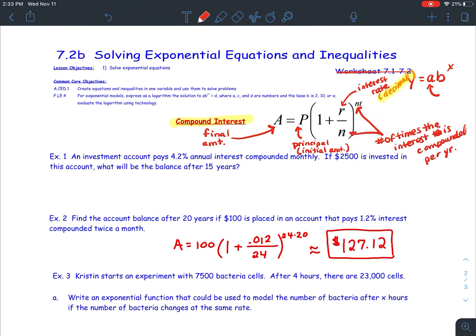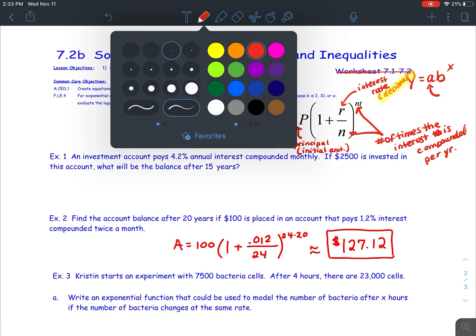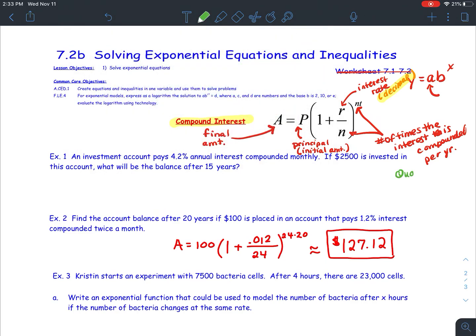So you're going to hear words like it's compounded quarterly. That means n would be 4. If it says daily, that means n would be 365. You have to figure out how many that is referencing in one year. Annually means just once in a year.